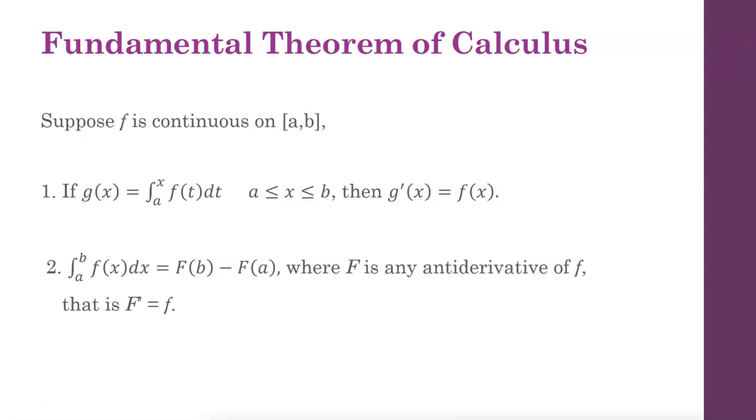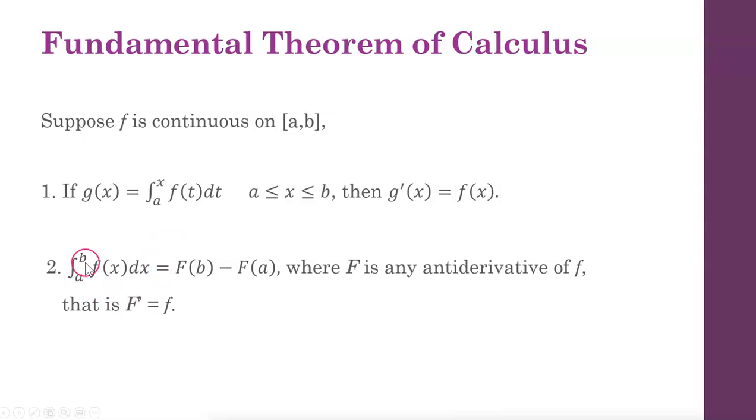If g of x is the integral from a to x of f of t dt, for any x between the values a and b, then g prime of x is f of x, right? So the derivative of an integral from a to x gives me the function that I had inside of the integral. And then part 2 goes back to the initial theorem that we saw.